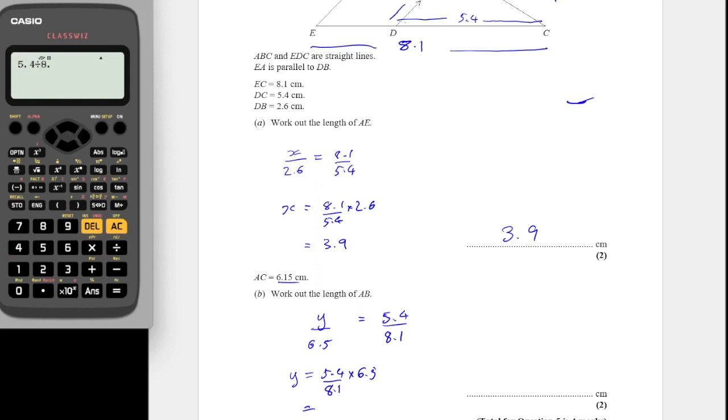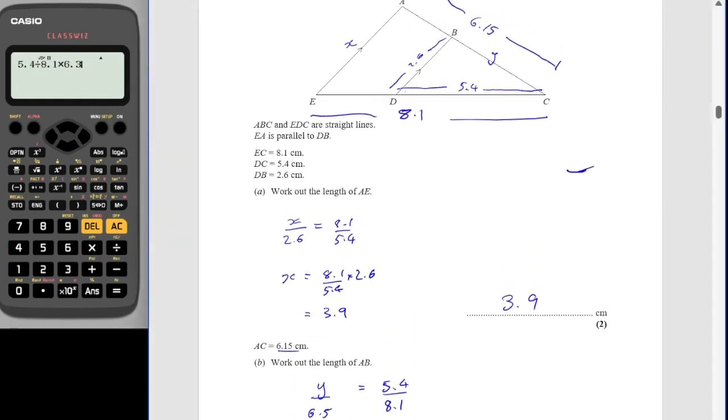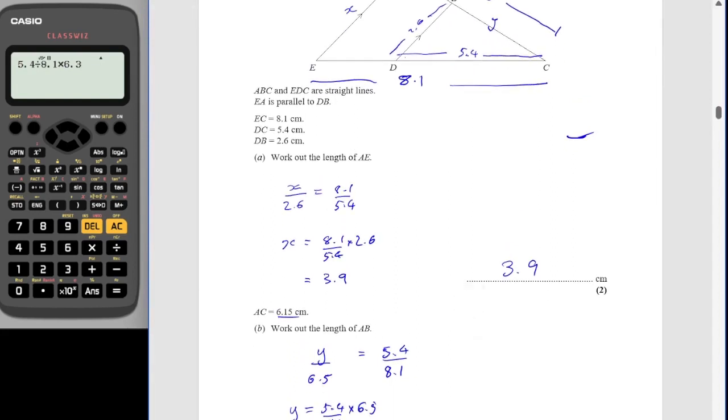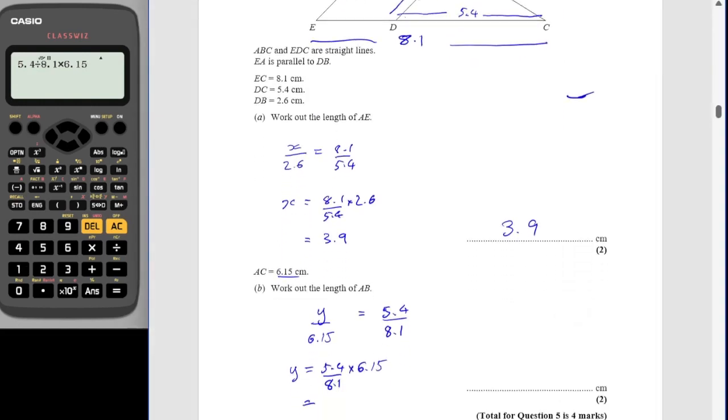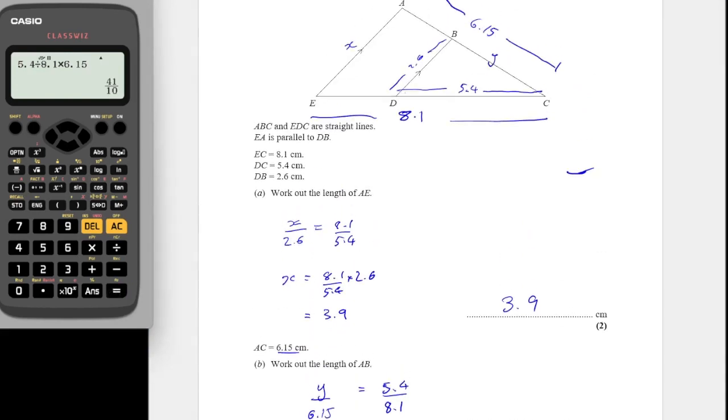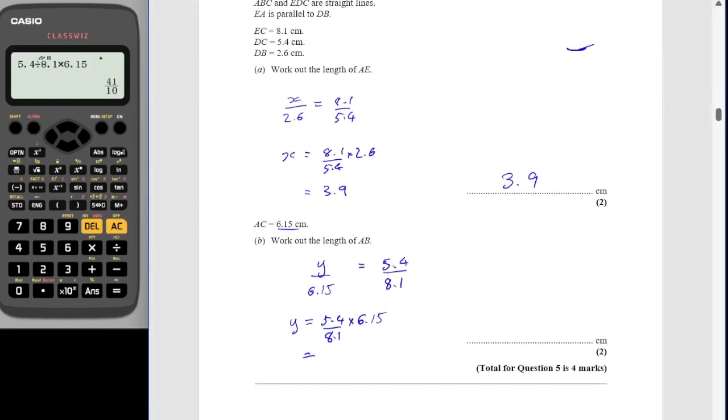Just double check my values there. There we go. Glad that I double checked that. That should have been a 1.5. I think I said it but wrote it down unclearly. So y divided by 6.15 is equal to 5.4 over 8.1. Yeah. So we're looking at 4.1 there.